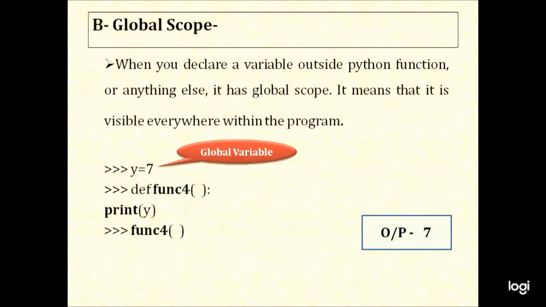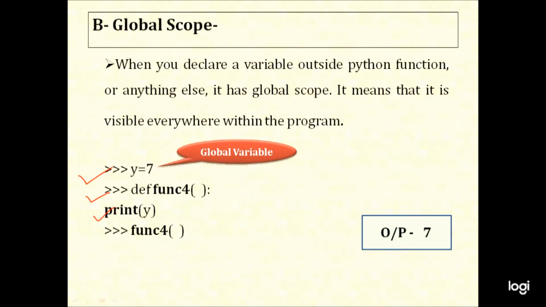Next, what is global scope? When you declare a variable outside the function, it has a global scope. It means that it is visible anywhere in the program, we can say everywhere in the program. Suppose this is an example of global variable, one variable declared globally, and this is the function, def function 4, print y.